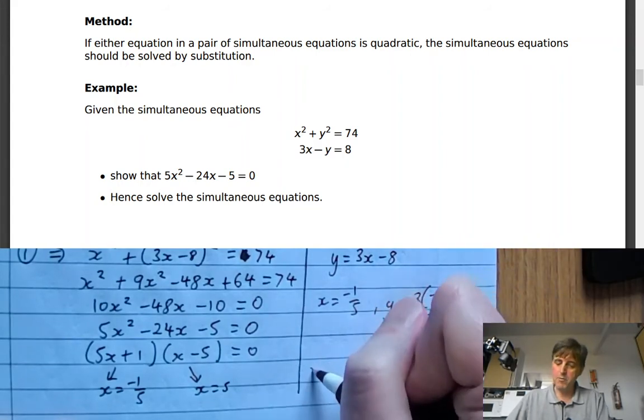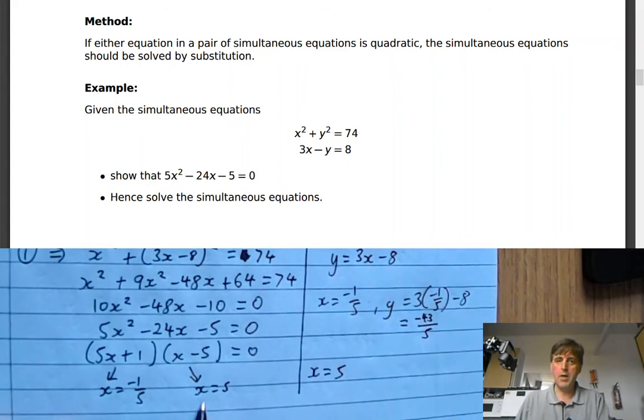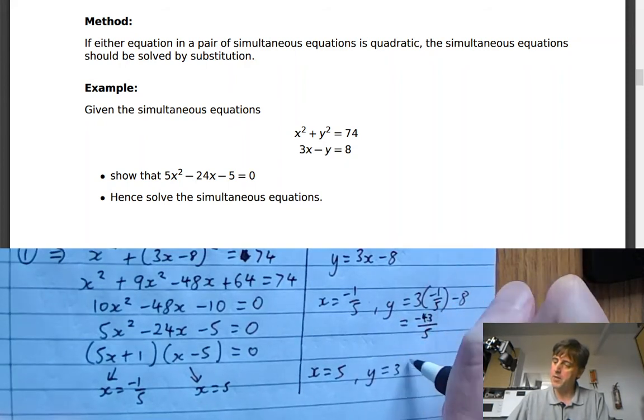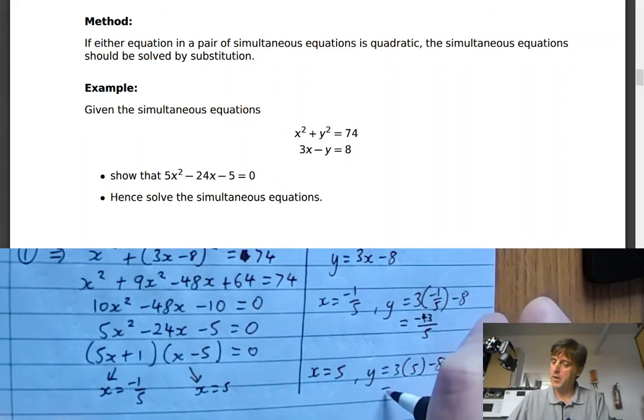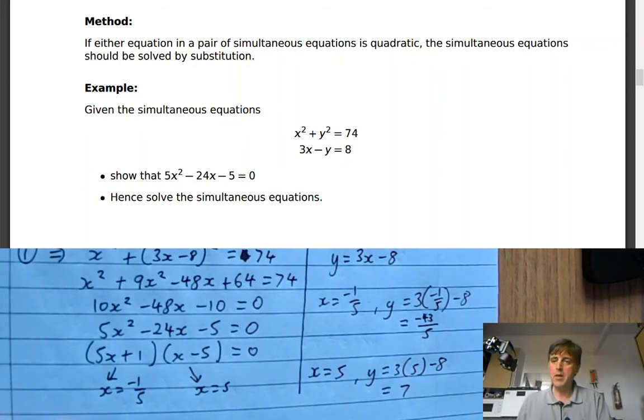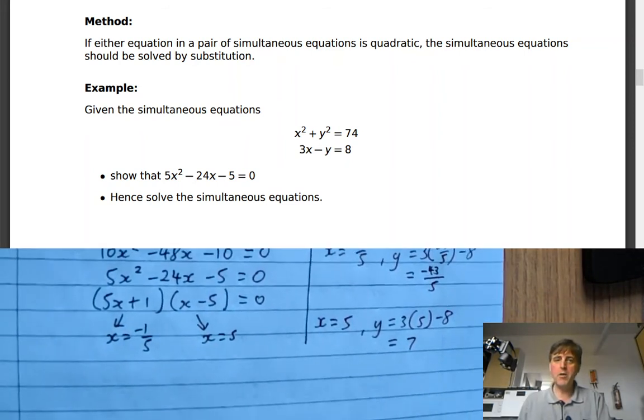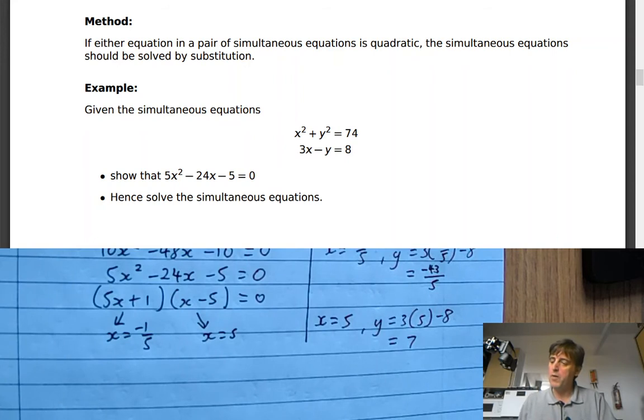And then if x equals 5, which was our other value for x over here, then y is going to equal 3 lots of 5 minus 8, which I think is just 7. So that means, because we've got something quadratic going on here, we've got two solutions, or two pairs of values, each of which is a solution.